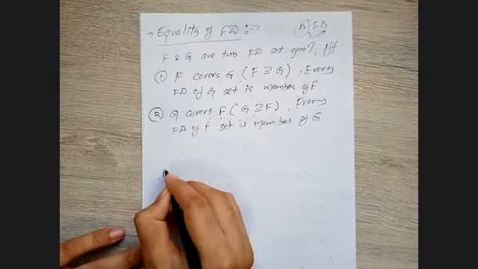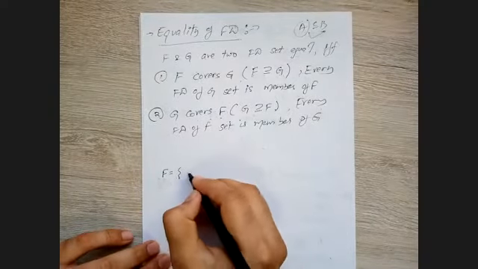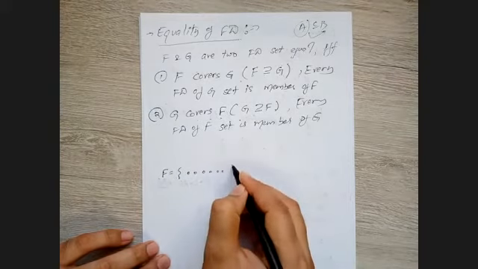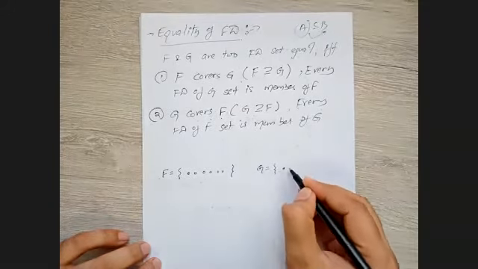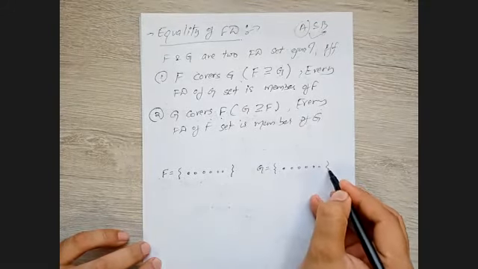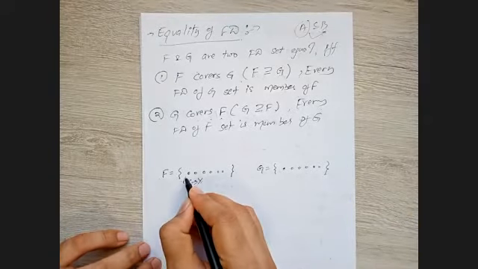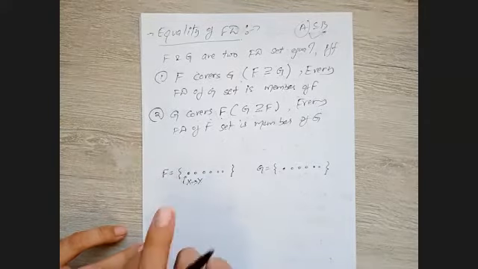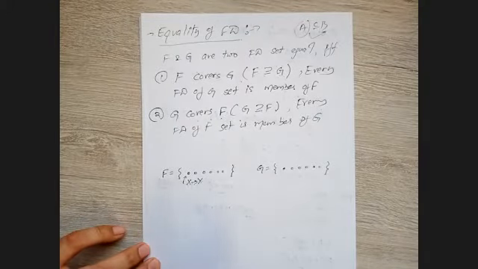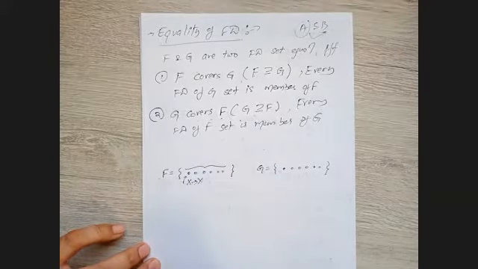Let me give you a visualization for better understanding. For example, we have F, my functional dependency set, and I may have a lot of functional dependencies in it. There is another functional dependency set as well. Now let's say X determines Y is one of the functional dependencies.